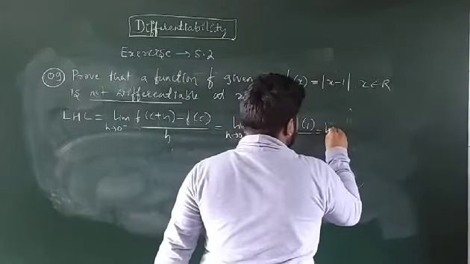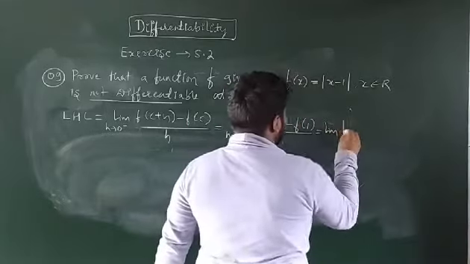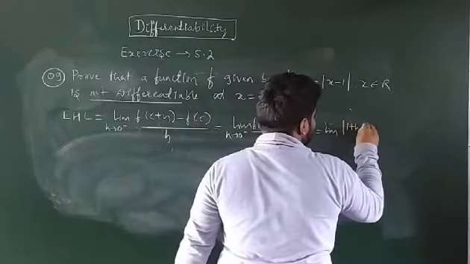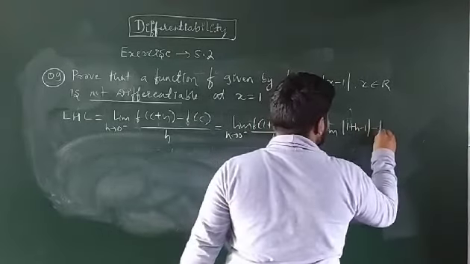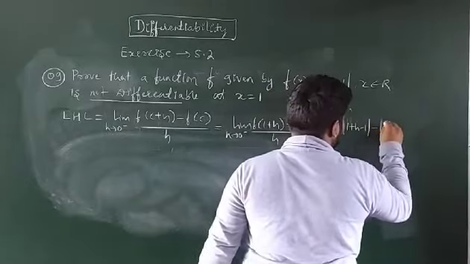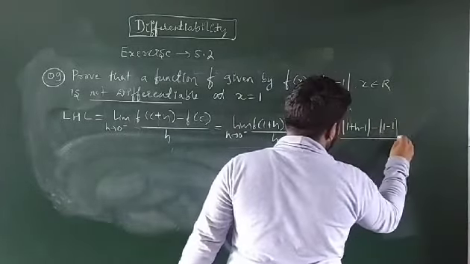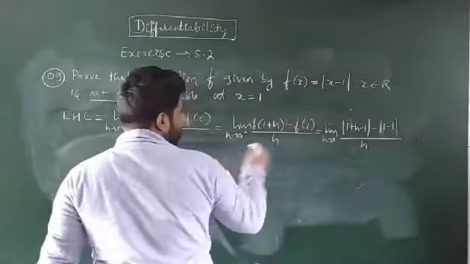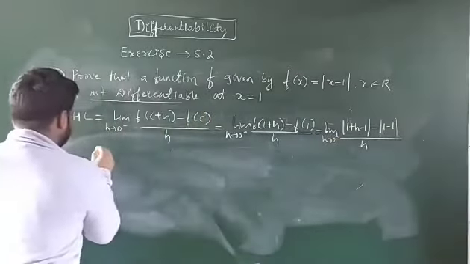So we are getting limit mod of 1 plus h minus 1, minus f of 1. f of 1 is mod of 1 minus 1, which is 0. You write that also: 1 minus 1, whole divided by h as h tending to 0 minus, that means negative value.